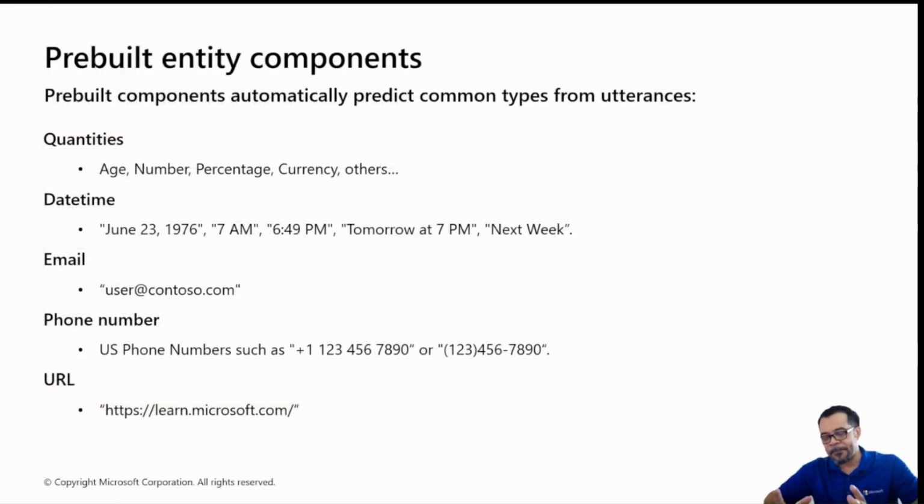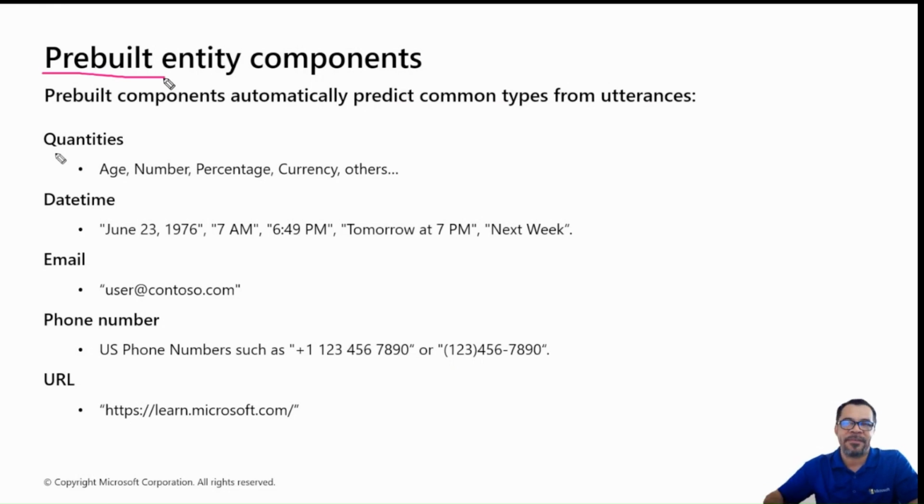Now, there are different types of entities that we can have. One of the entities that you can have is an entity that is automatically learned. Another type of entity which you can have is a pre-built entity. Pre-built entities are predefined by Microsoft, by the service itself.